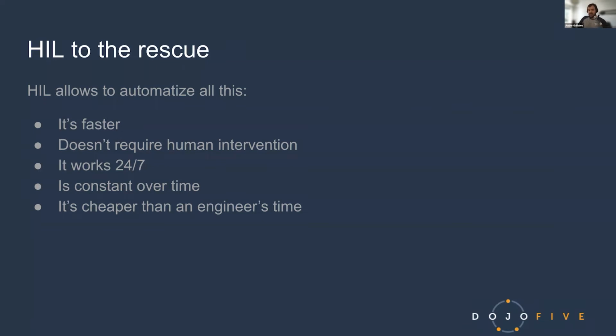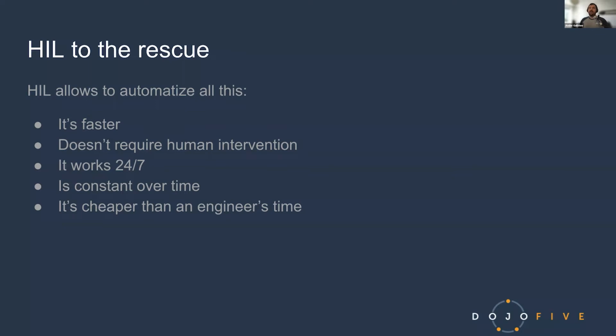It can work at any hour. So basically the hardware in the loop setup can be working 24/7 non-stop for weeks if necessary. And yeah, it's constant over time. So depending on your setup, maybe an engineer leaves the company and then someone new needs to come in and they don't know how to test it, but they are the ones responsible for testing it, and it may take longer.